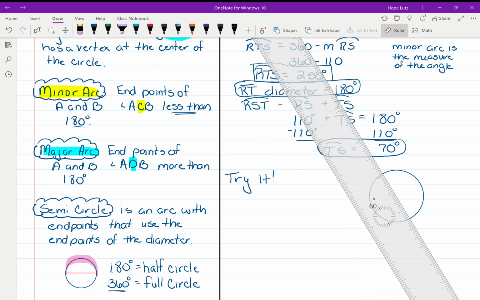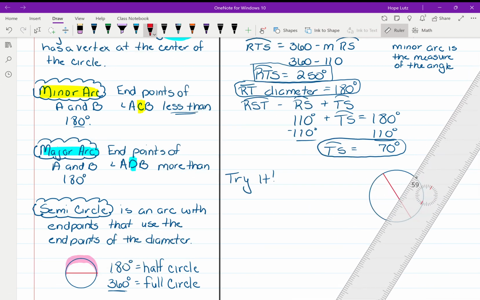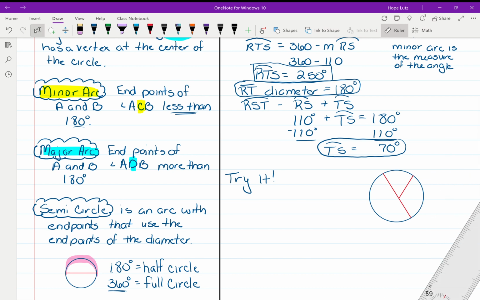And we're going to draw a diameter across. And we're going to draw this way, and then we're going to label it. So we've got A, D, C, and B, and you're going to label this 65 degrees.